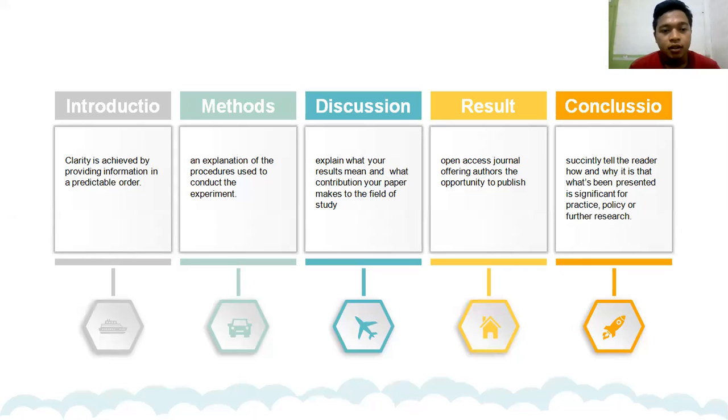Discussion explains what your result means and what contribution your paper makes to the field of study. And then the result section, it can open access journal offering the opportunity to publish.